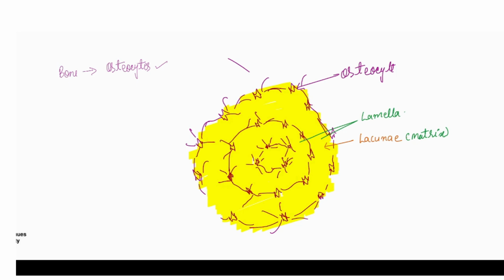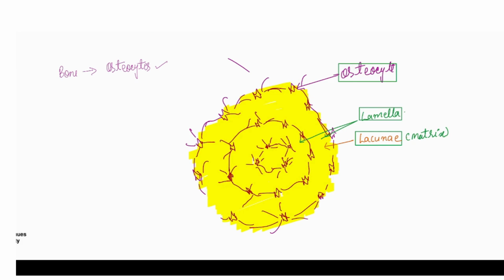So that matrix is the lacuna in which the osteocyte cells are arranging themselves in a circular pattern, and because of their pattern layer like structures form, and these layers are known as the lamella. So the lamella is what? Lamella are layer like structures which form because of the osteocytic arrangement, and that matrix is the lacuna.